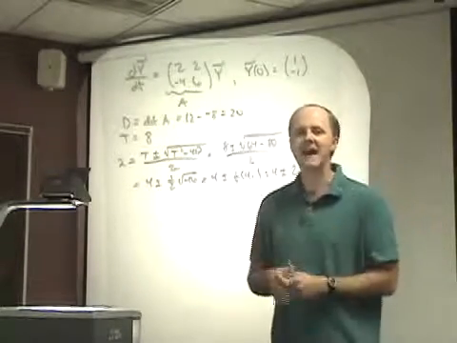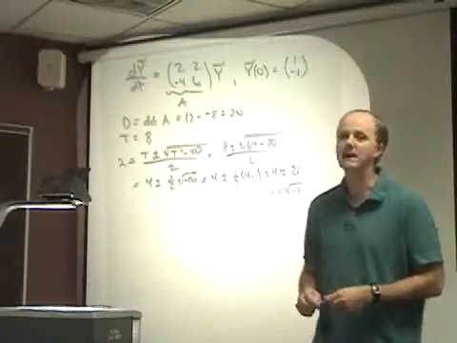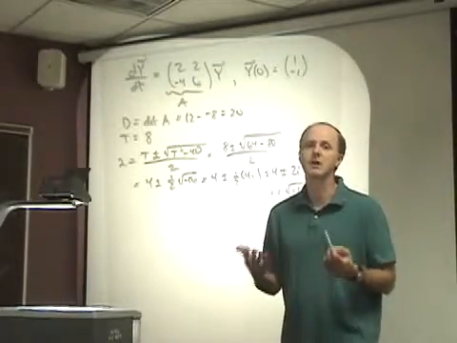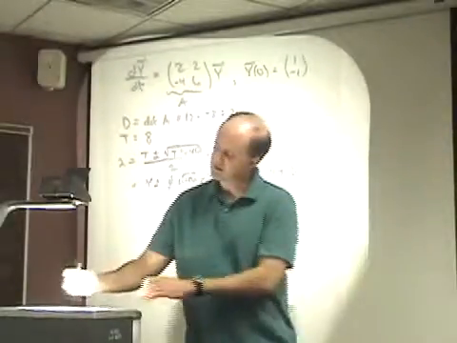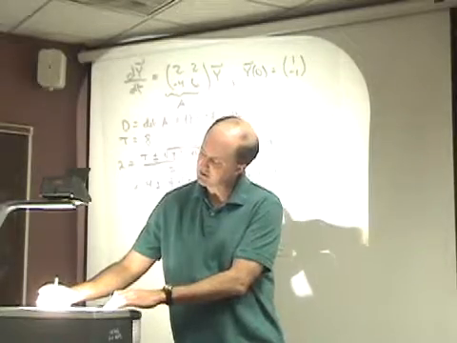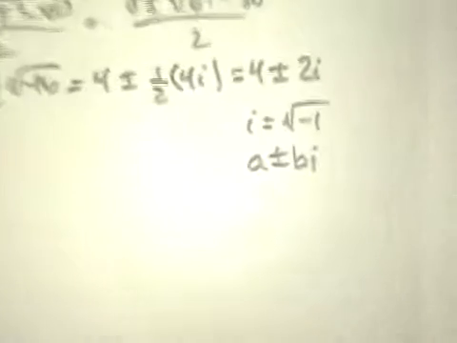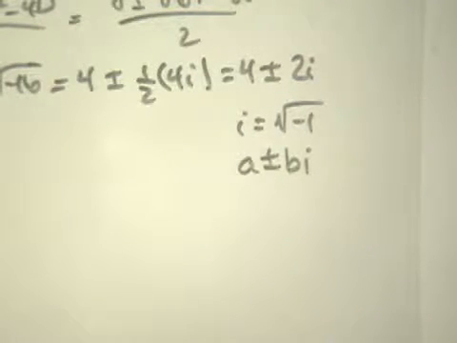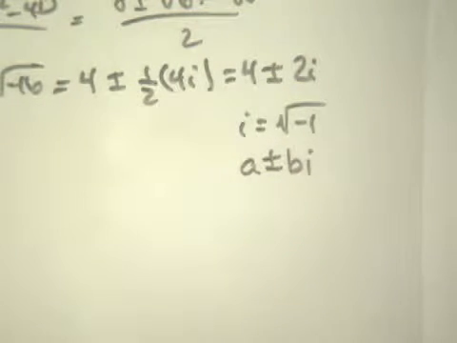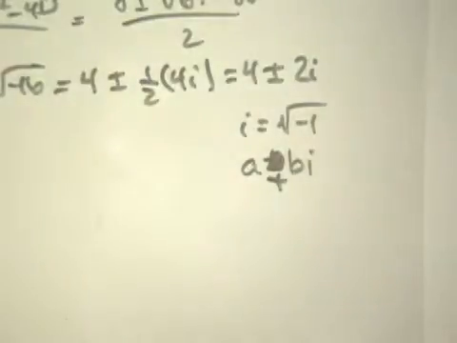You can mathematically construct the complex number system, which consists of numbers of the form a plus bi, where a and b are real numbers. Define how to add, subtract, multiply, and divide those kinds of numbers, where i is the square root of negative 1.